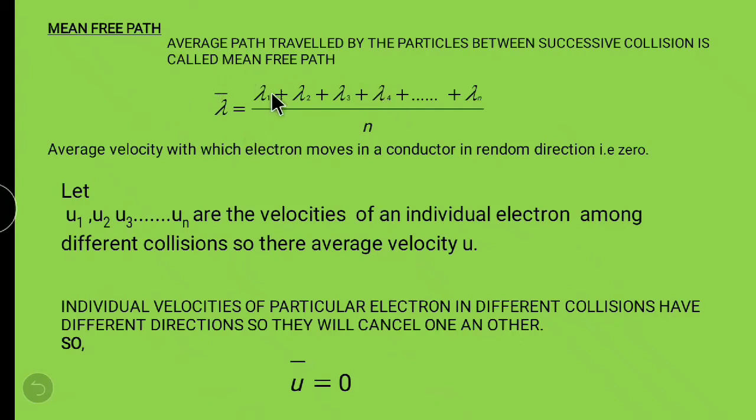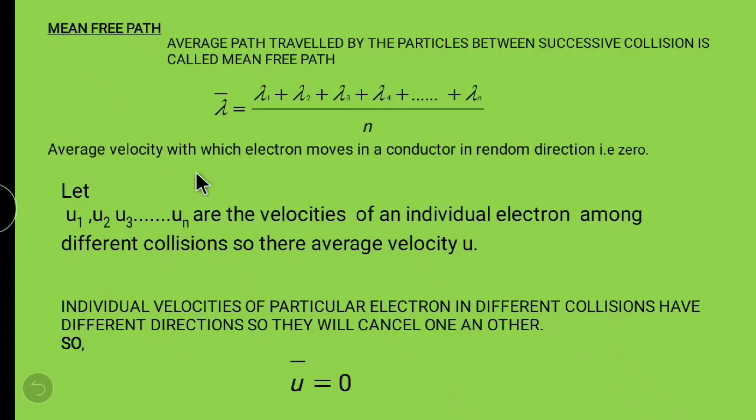Suppose the electron has traveled n paths. So the average of those paths is called mean free path. I mean to say, the mean of the paths is called mean free path.